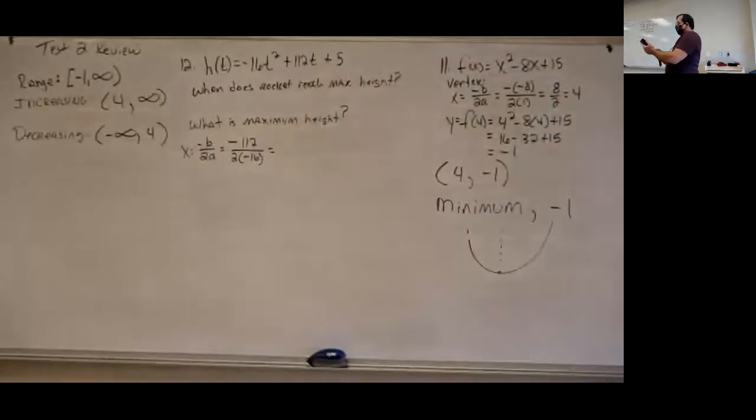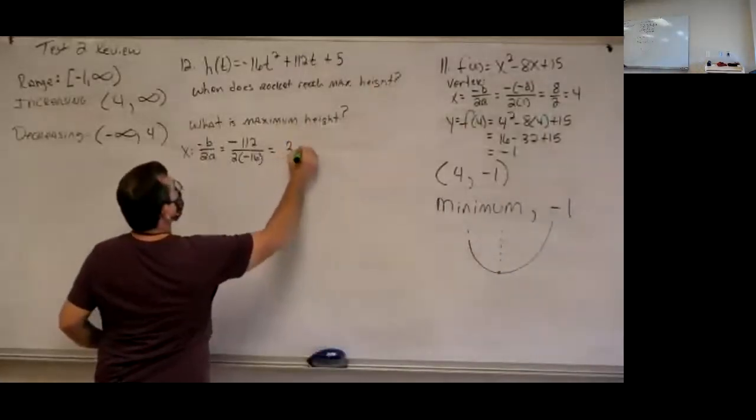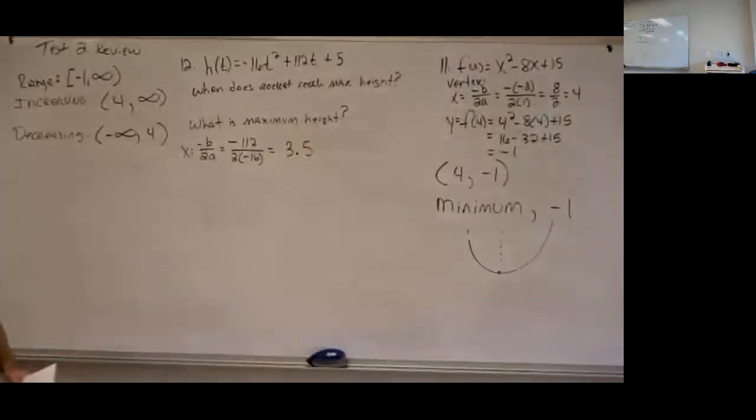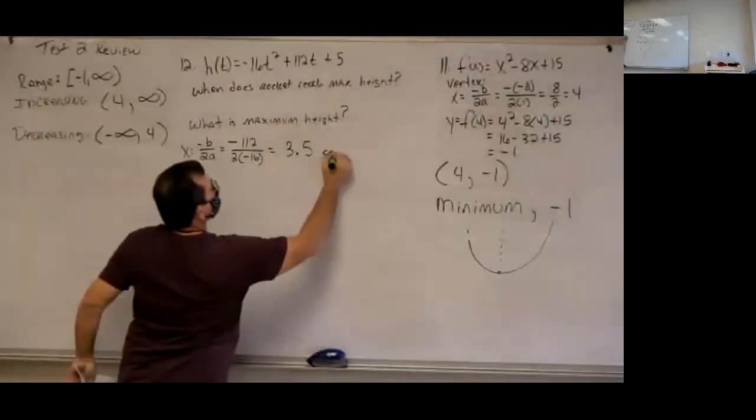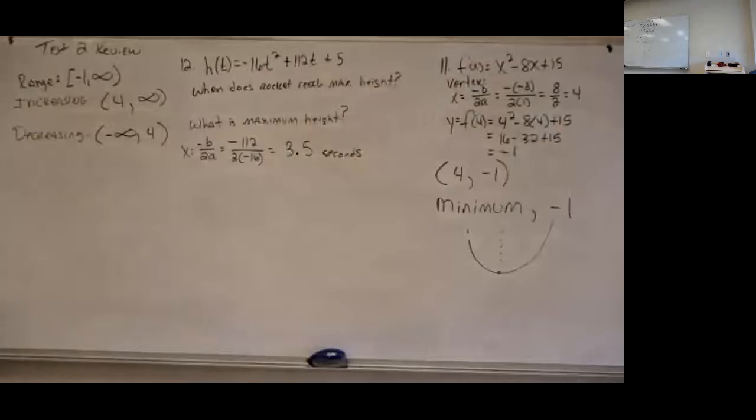So basically, I've got 112 divided by 32, so I'm getting like 3.5. So that means at 3.5 seconds, that rocket has already reached its maximum height. So remember, that would be in seconds. So then I gotta find that maximum height.